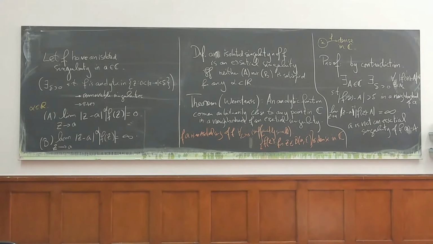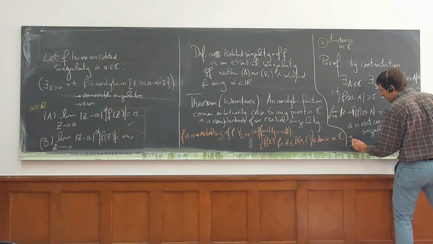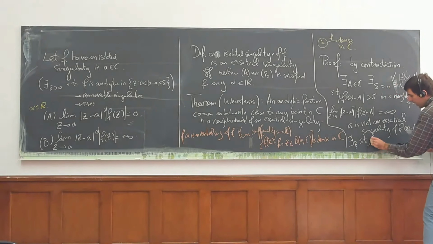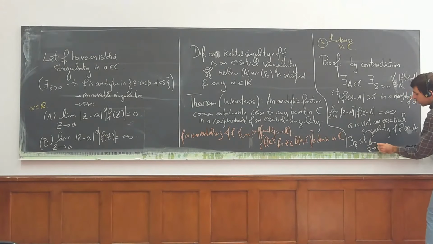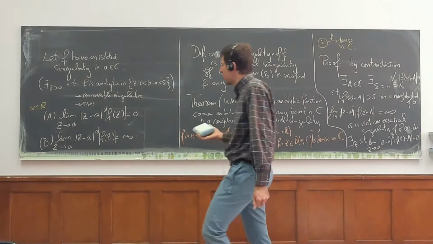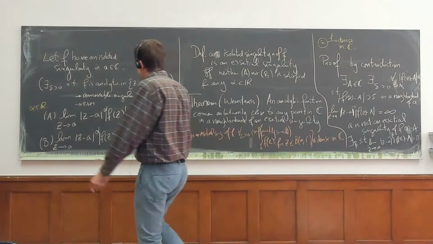But if A is not an essential singularity of f(Z) - A, then there exists some beta such that the limit when Z goes to A of (Z - A)^beta times (f(Z) - A) goes to 0. Because it's not an essential singularity, equation A must be satisfied, because there must be an integer such that equation A is satisfied.